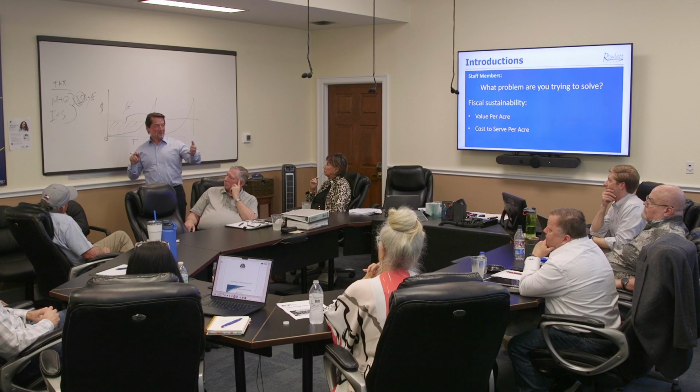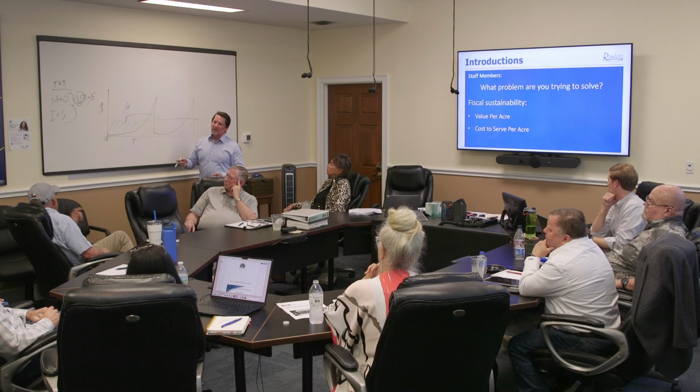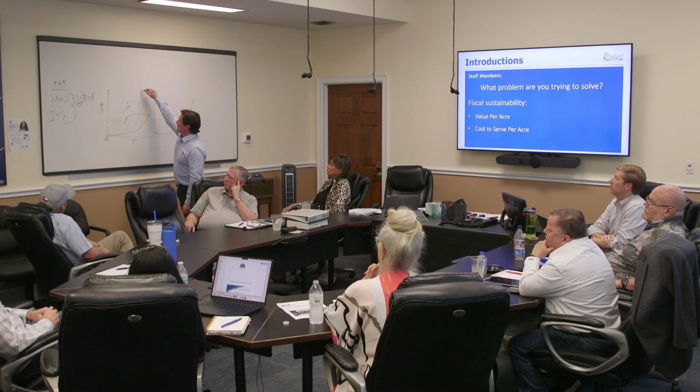High density residential, commercial, mixed use. That actually covers its cost. As we look at different building forms, what I'm always going to be looking for is the efficiency of the development. So it's cost per acre versus revenue per acre.